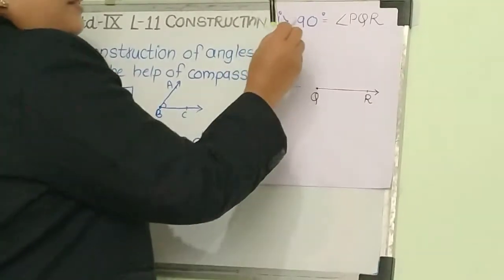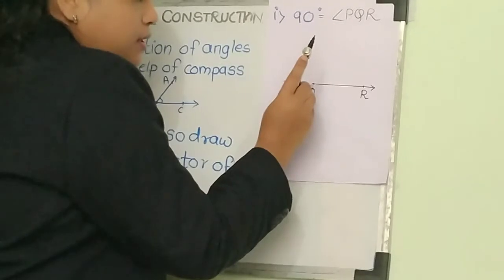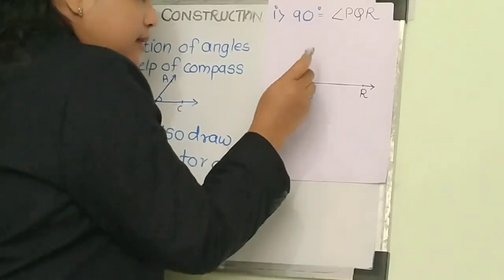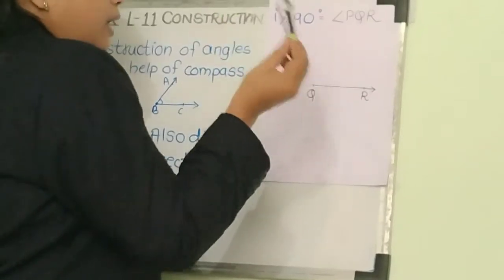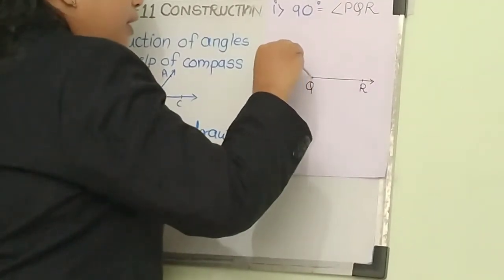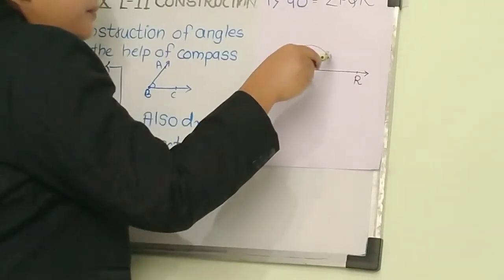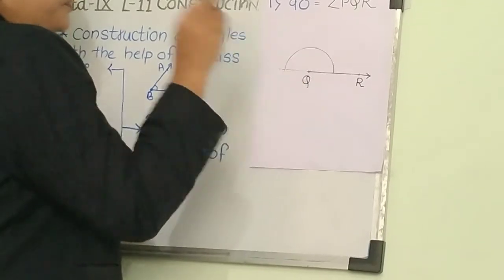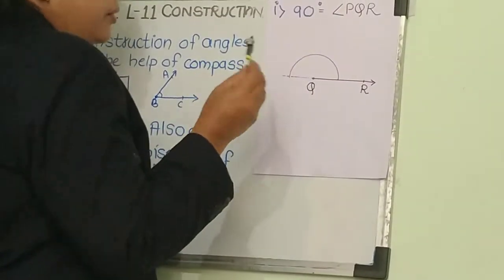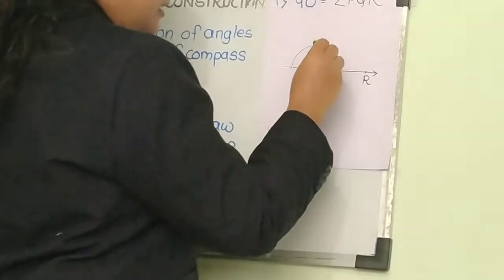I have to draw the 90-degree angle. For that what we will do, first from point Q with fixed distance, see here I am going to take this much distance, and from point Q I will draw one half circle. Okay, once we get with same distance, you are going to mark the arc.